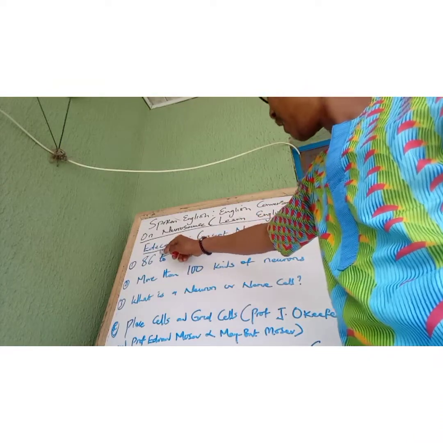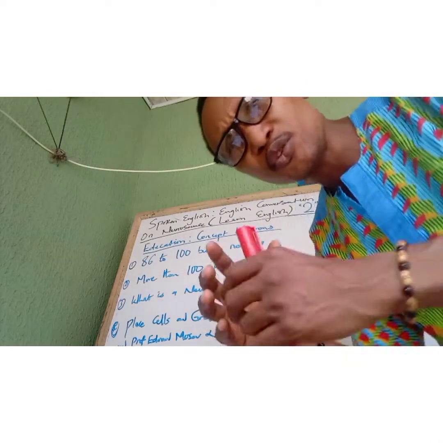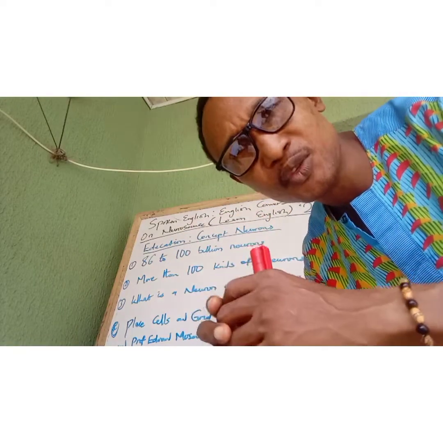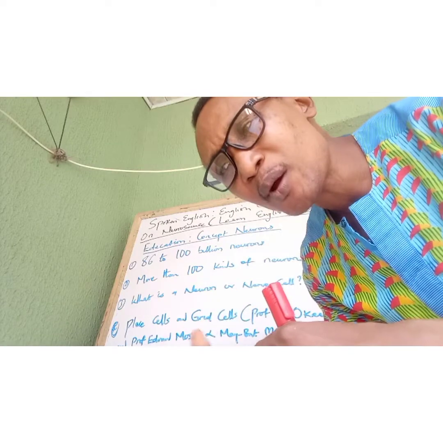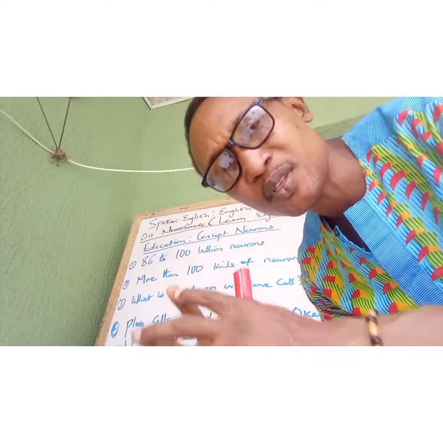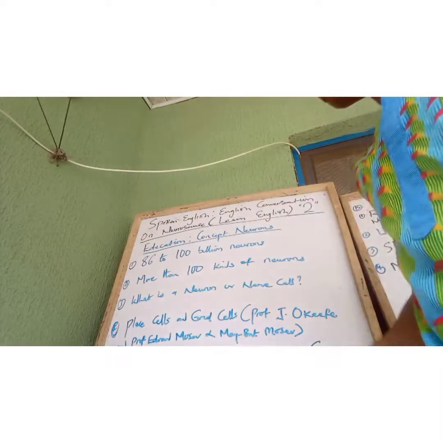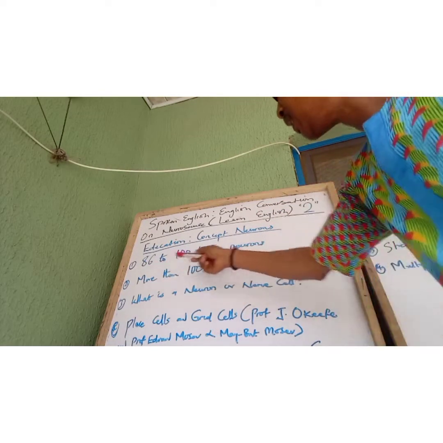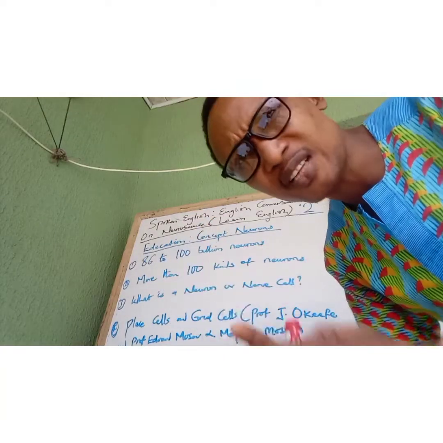So, concept neurons. Concept neurons are those neurons that are dedicated to education, dedicated to learning. So anytime you come across concept neurons, just know that these are populations and assemblies of neurons that are connected to the education system. Then, like I said, we have about 86 to 100 billion neurons, and more than 100 types of neurons.